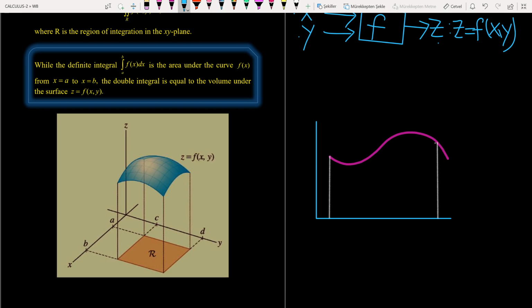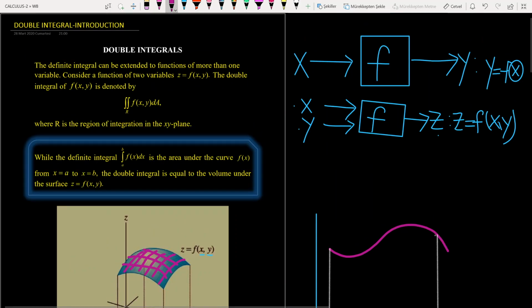As I told you, for each point of x and y, you have a number z. Combining all these values z, you have this blue surface. The definite integral can be extended to functions of more than one variable.